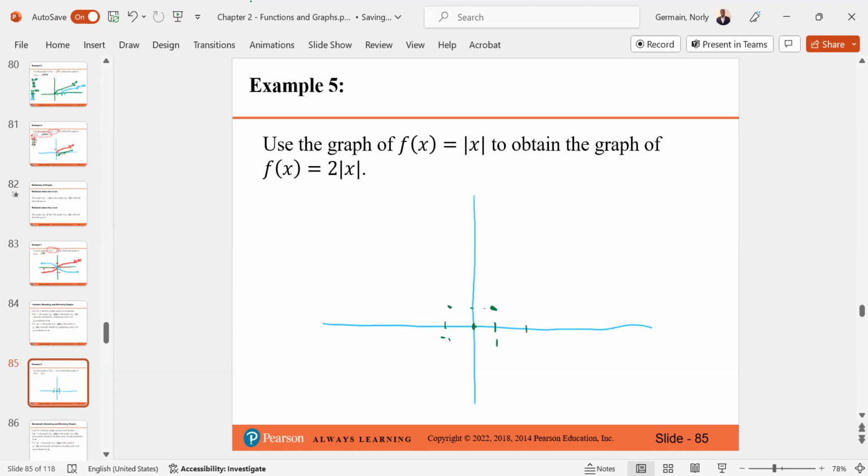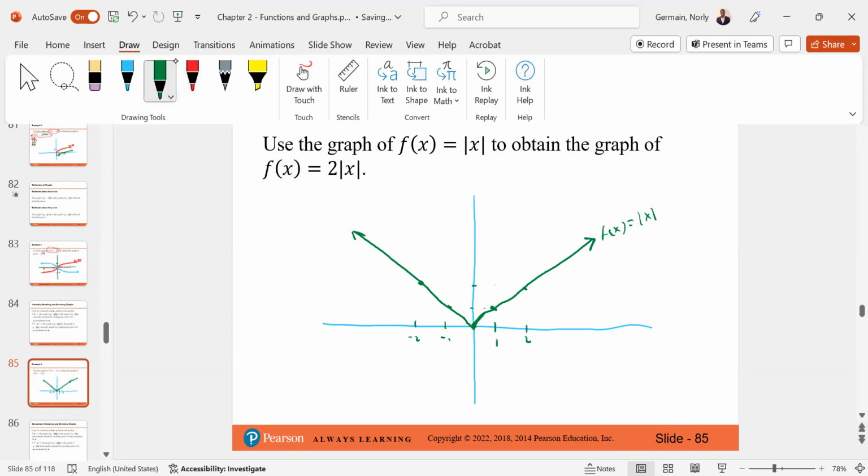If x is 2, you're going to have 2. If x is -2, it would also be 2 because absolute value of -2 is 2. So remember, an absolute value function has a V shape. This is a V shape, so that means this is f of x equals absolute value of x.